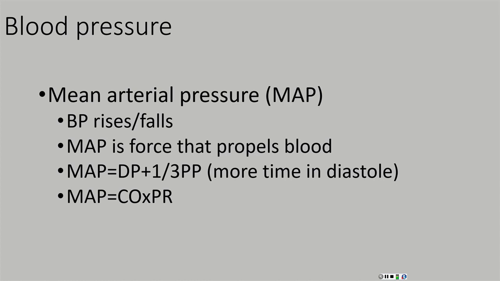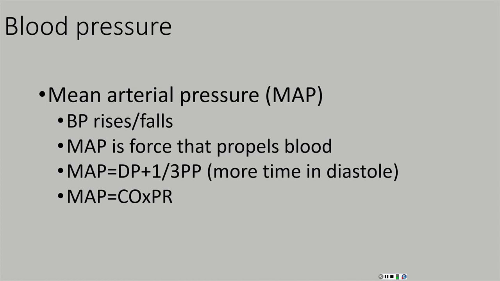And we can find MAP two different ways. One is by taking diastolic pressure and adding 1/3 of pulse pressure. So pulse pressure, remember, was 45 mmHg. If we take 1/3 of that and add it to diastolic pressure, then what we get is 90. So let's see how we did that real quick, just in case.